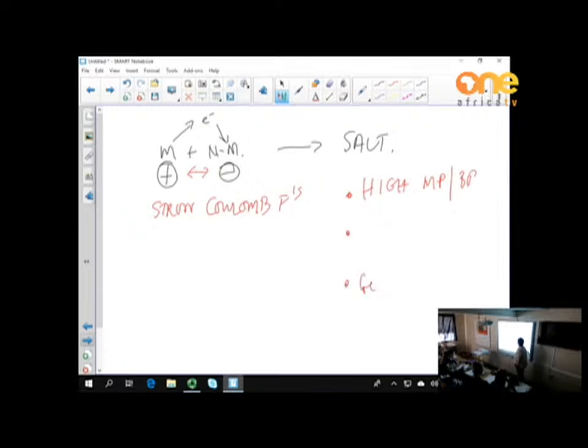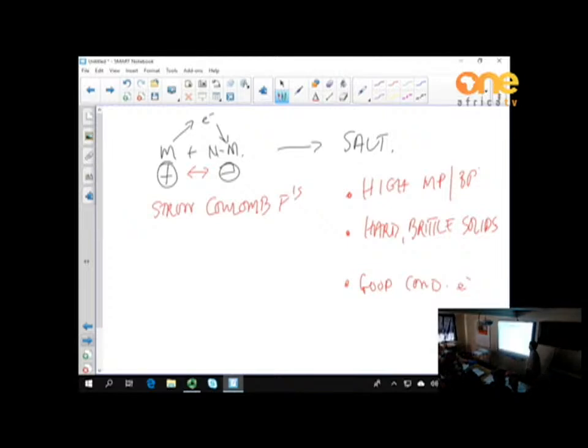Yes, good. It conducts electricity when molten or dissolved. Hard, brittle, solid. Yes, electrostatic would also be fine. Strong Coulomb forces or electrostatic forces. Are you with me? All right.